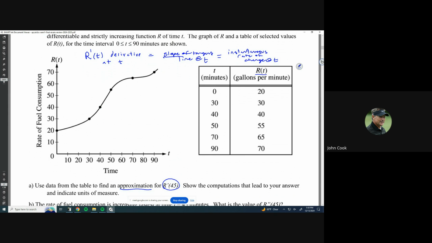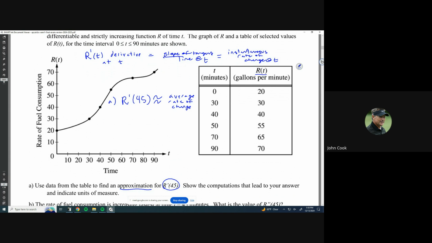So here's how we write up our justification, or showing the calculations. We'd say that R prime of 45, or in other words, the derivative of R at 45, is about equal to the average rate of change over some interval.